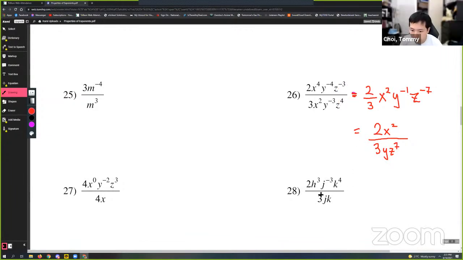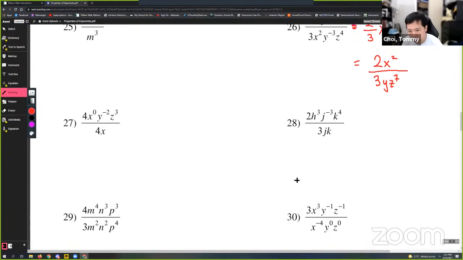So if we go for, for example, question 28. Once again, numbers first, 2 over 3, rewrite that. And then h, oh, there's no other h's, so it just stays. J, negative 3 minus 1 is going to be negative 4. And then k is 4 minus 1, which is 3.